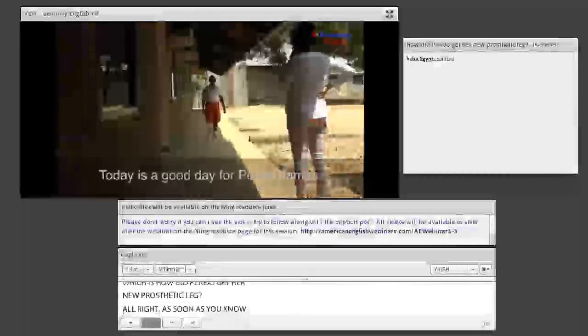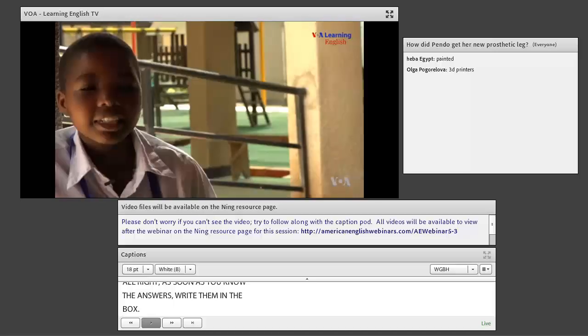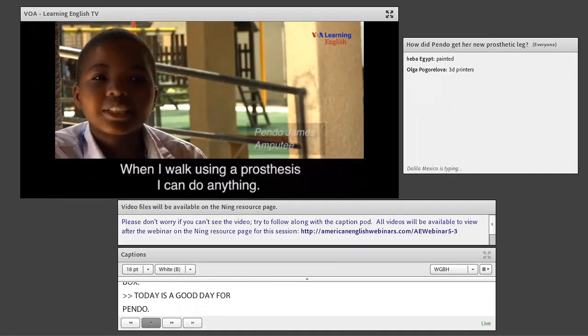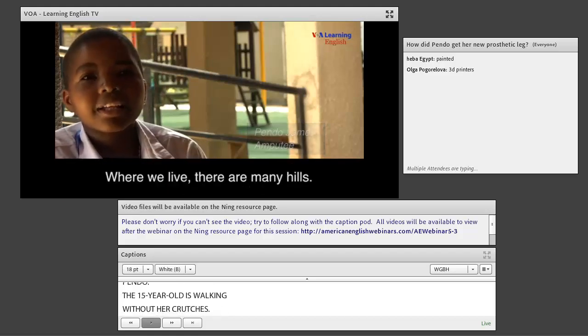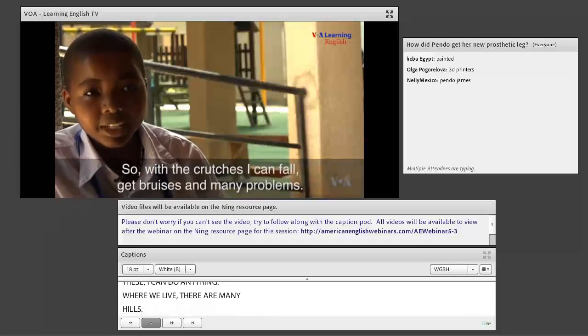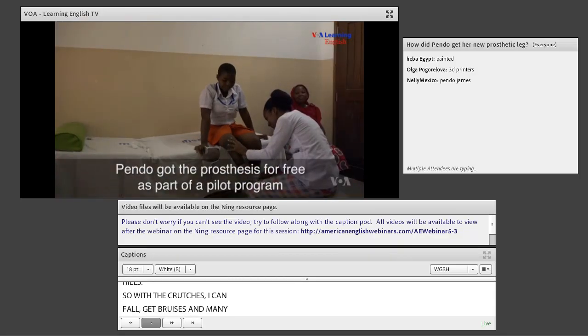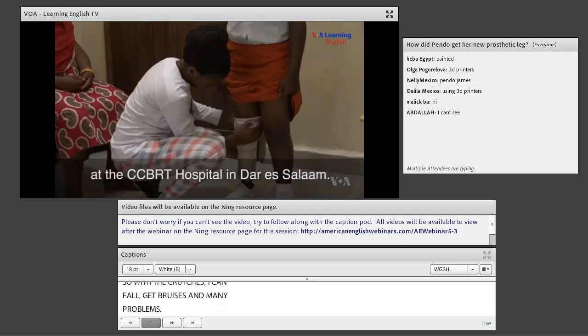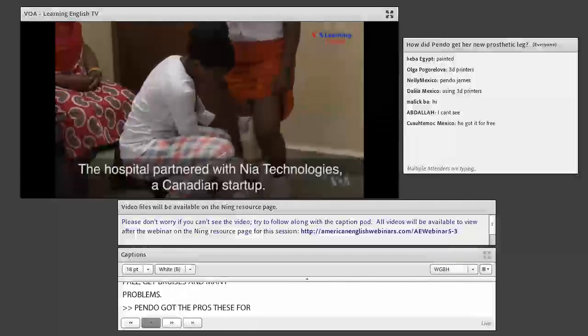Today is a good day for Pendo James. The 15-year-old is walking without her crutches. When I walk using a prosthesis, I can do anything. Where we live, there are many hills, so with the crutches, I can fall, get bruises, and many problems. Pendo got the prosthesis for free as part of a pilot program at the CCBRT hospital in Dar es Salaam. The hospital partnered with NIA Technologies, a Canadian startup.